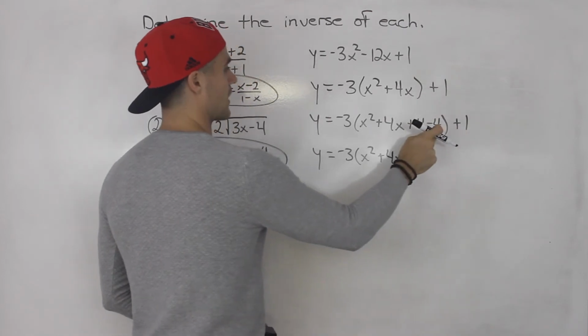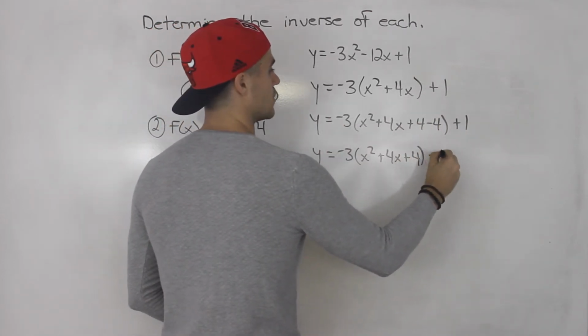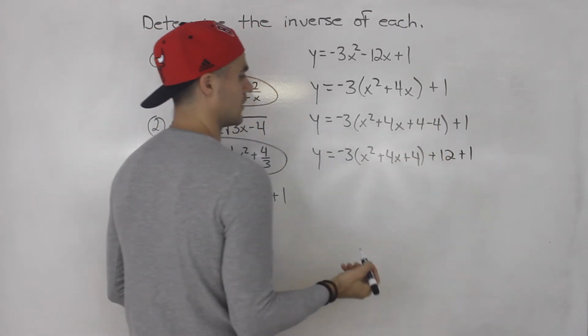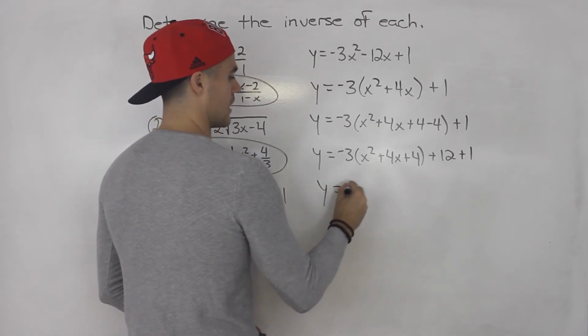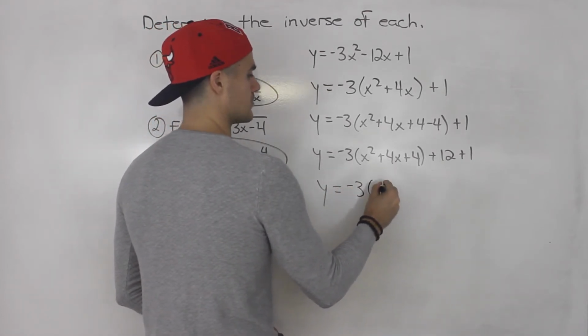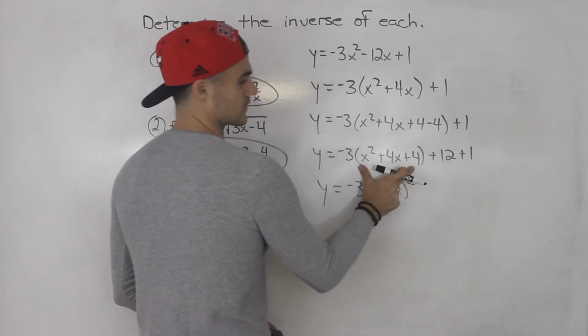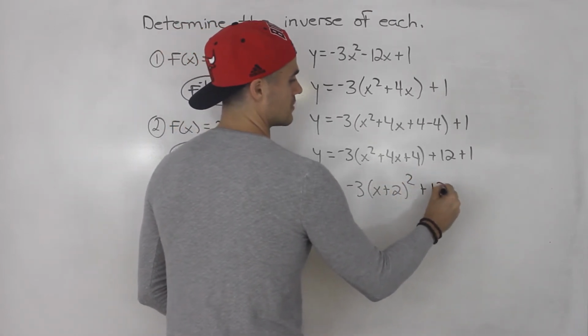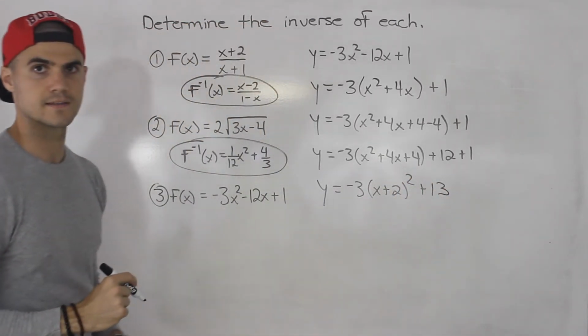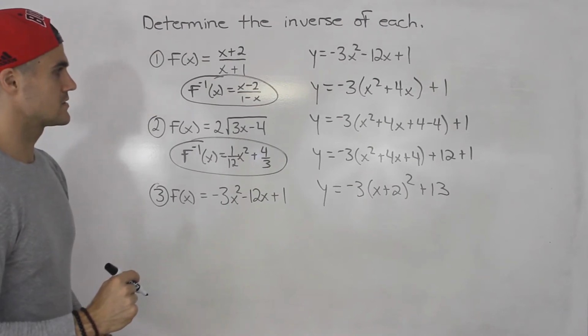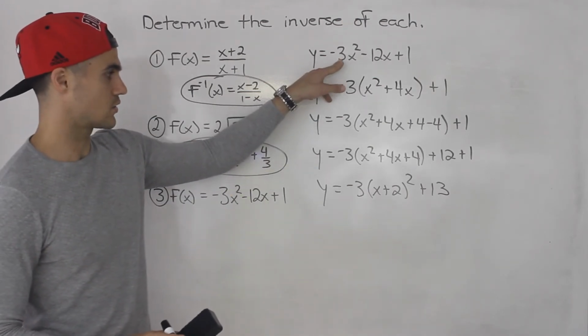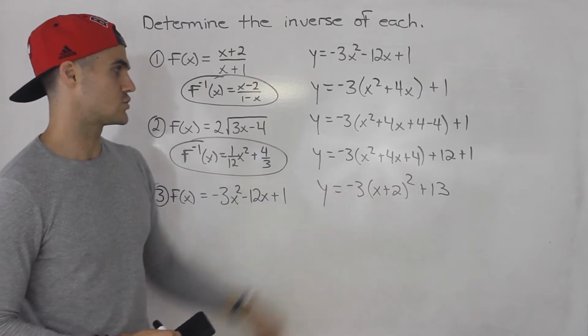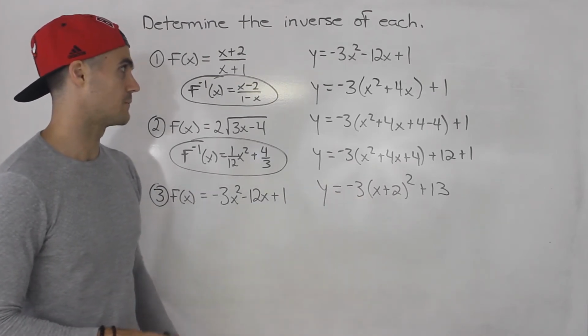Take out the negative 4 from the bracket. Negative 4 times negative 3 is positive 12. And this is positive 1. And then this ends up being x plus 2 squared, that's a perfect square trinomial, plus 13, like that. Okay, so we took this quadratic and converted it to vertex form.